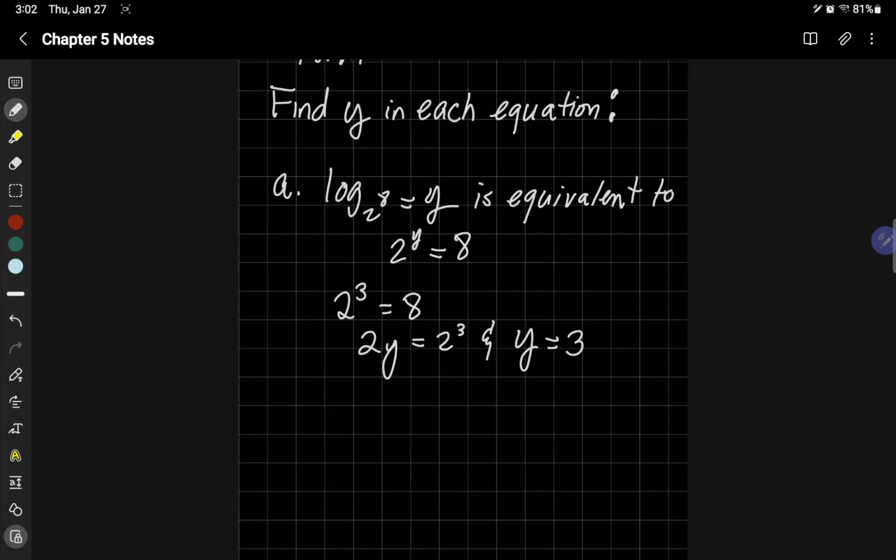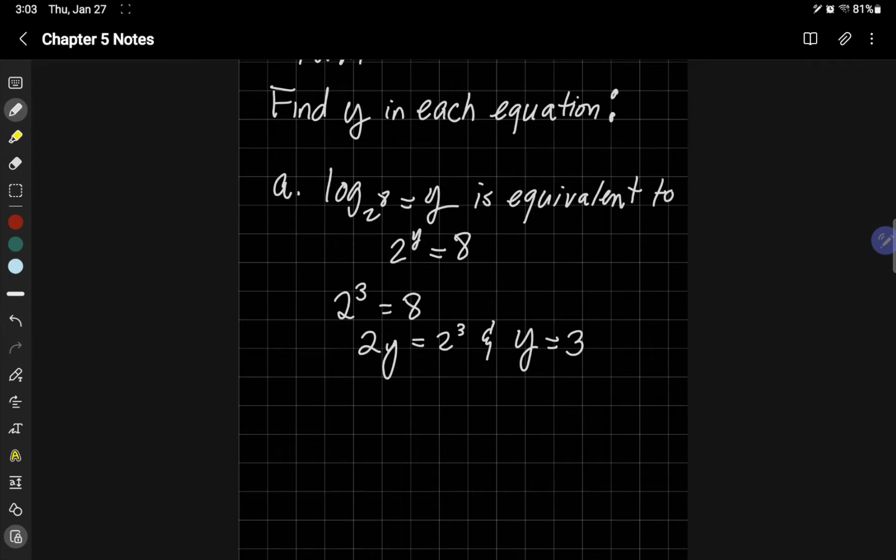This is so interesting. I needed to go back to review this because this is not going to work this way. We're solving for y. That's what we're doing. So we have to know what that exponent is going to be. Very, very interesting.